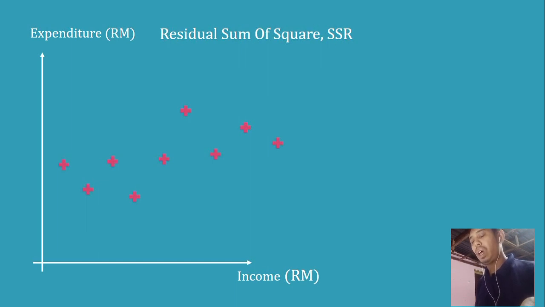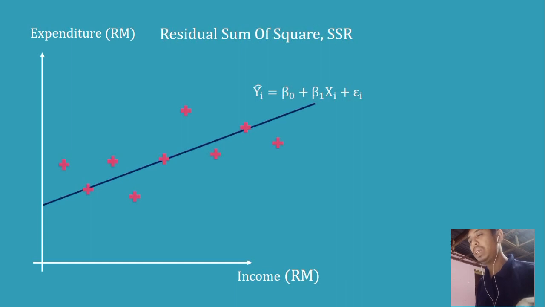After that, we use the estimated data to create a linear line across the plotted data. We can see there are huge and small gaps between the plotted data and the linear line.